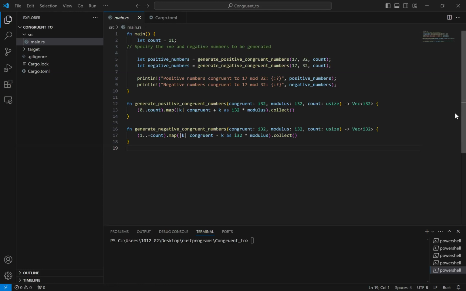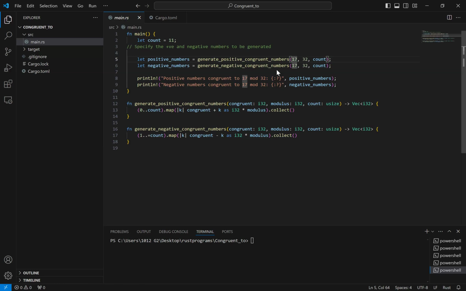Yes. I've told it that I want 11 positive values and 11 negative values. You can see I've added notes here just to specify what you want. I want to generate values which are congruent to 17 mod 32.